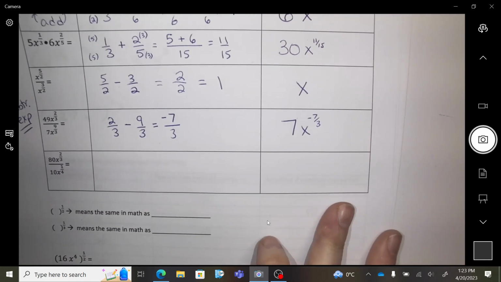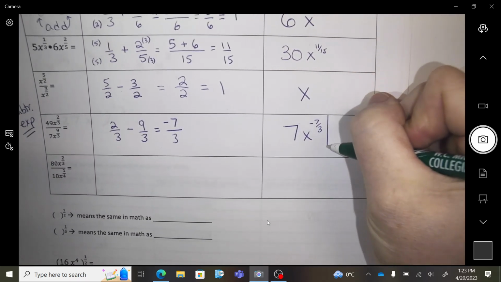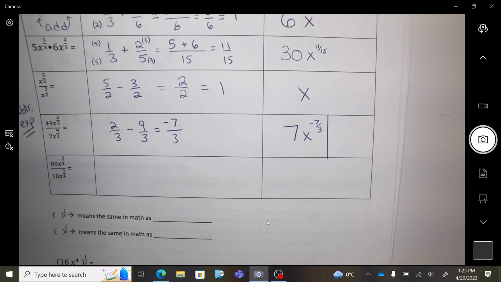What if I told you you had to rewrite that with a positive exponent? Flip it. I'm going to flip it. Do I flip the entire thing or just the power part?